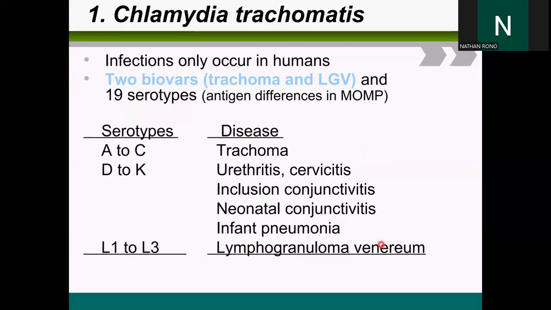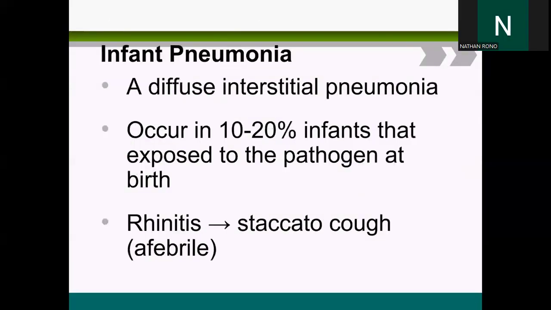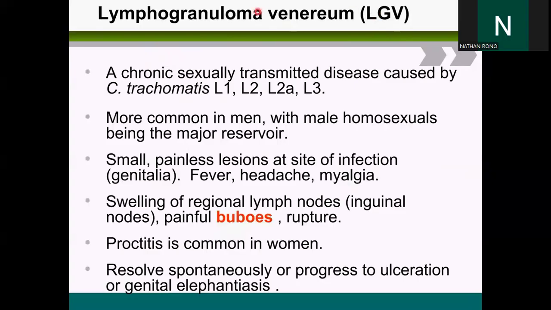So you're going to ask yourself, what is that? Lymphogranuloma venereum is ulcers on the genitals. So let me skip that first. Yeah. This is the STI, a chronic sexually transmitted disease caused by Chlamydia trachomatis L1, L2, L2A, L3.